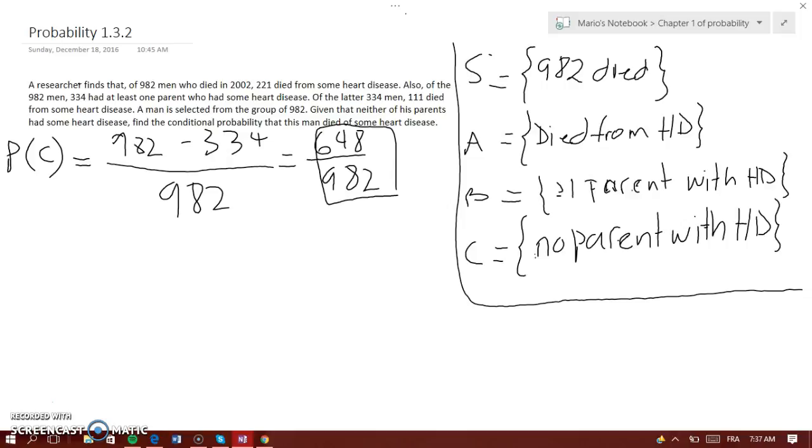Next, it says that we had 221 people who died from heart disease, but it says later that 334 had at least one parent who had heart disease, and of the latter 334, 111 of them died. So what we need to find now is the probability of men who died with heart disease while neither of their parents had heart disease.